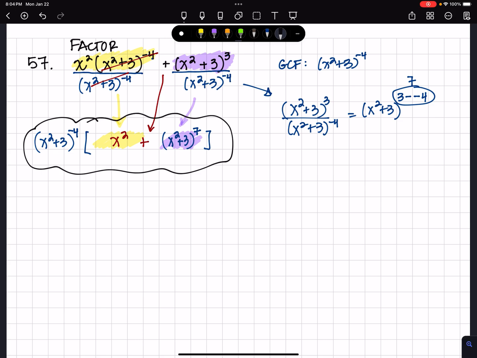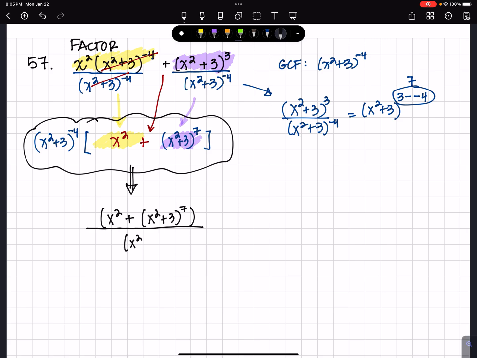Now, I would be willing to bet that even one more step would be x squared plus 3 to the 7th. We're not going to multiply this out because that's x squared plus 3 times itself 7 times. That would be extremely long and difficult. But I'm going to take this term because it's got the negative exponent, and I'm going to move it down to the denominator.